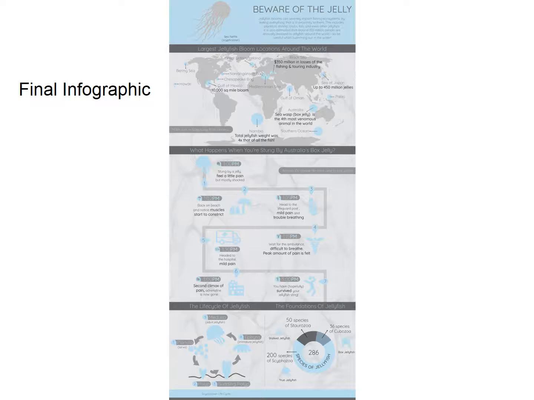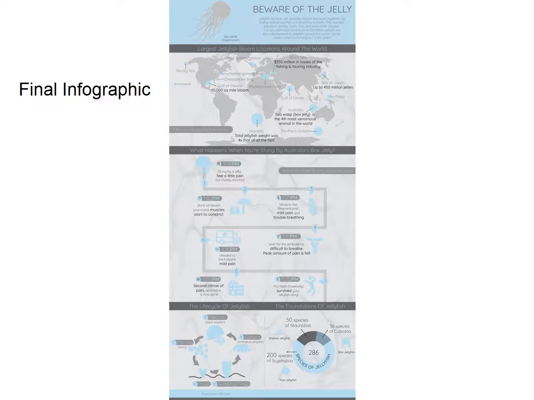The next ones towards the bottom are lower on the hierarchy because they're more foundational and educational to the reader, to connect the rest of the displays as a whole. The life cycle shows how a jellyfish can lay 10,000 eggs in one day, and that relates to the bloom locations, how bloom locations become that way.